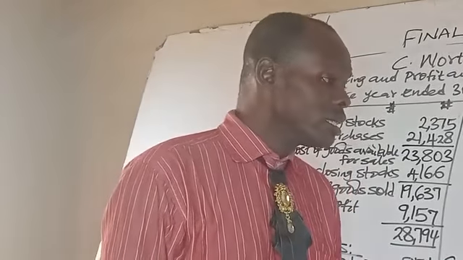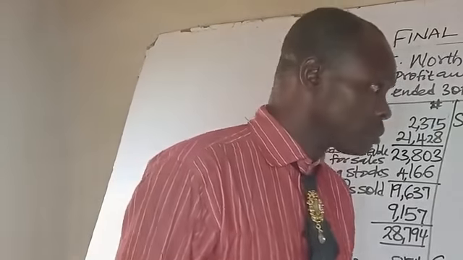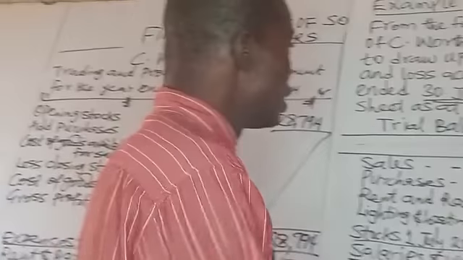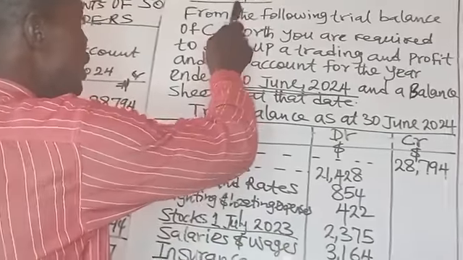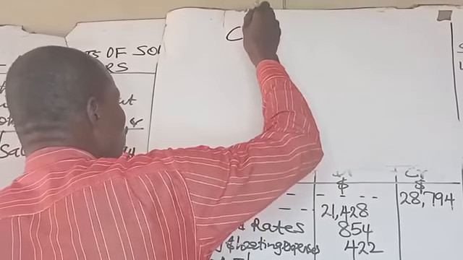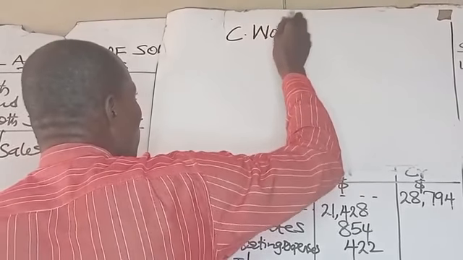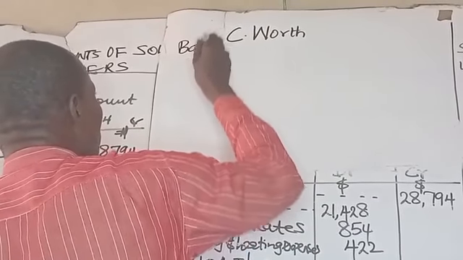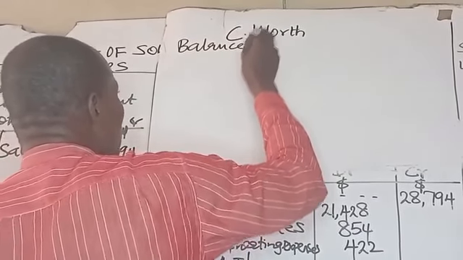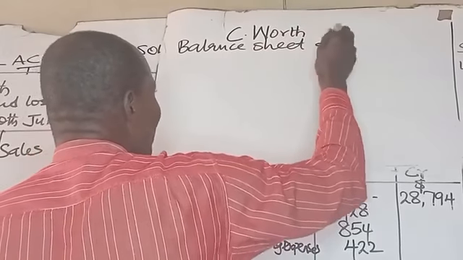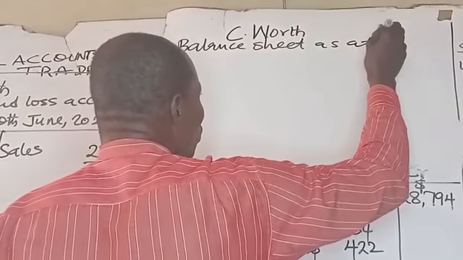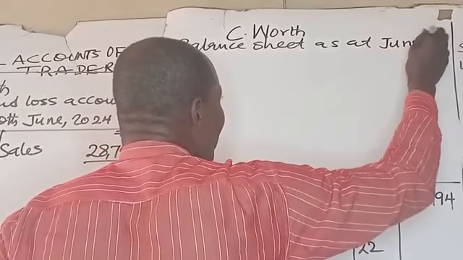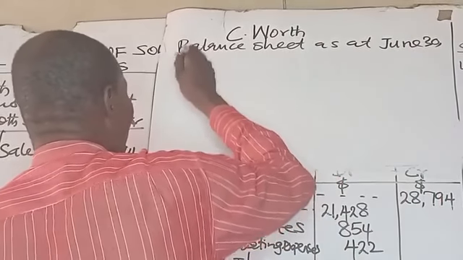The next thing is the balance sheet. The name of the owner of the business is C what? Balance sheet as at June 30, 2024.